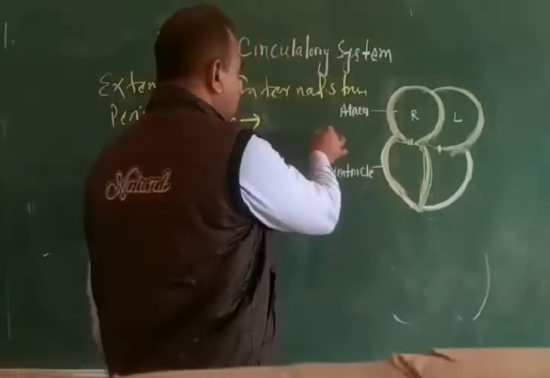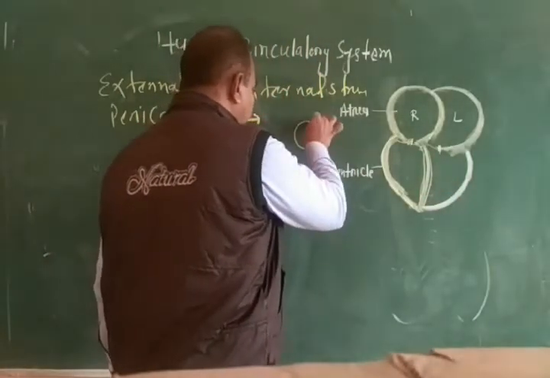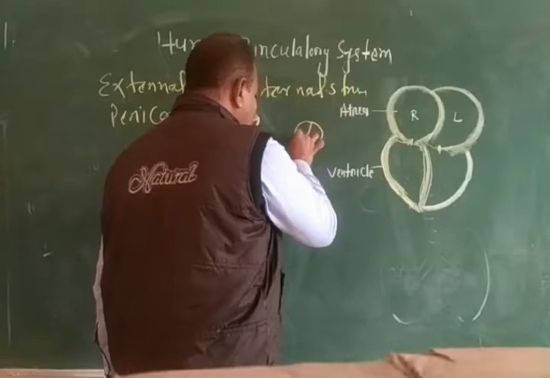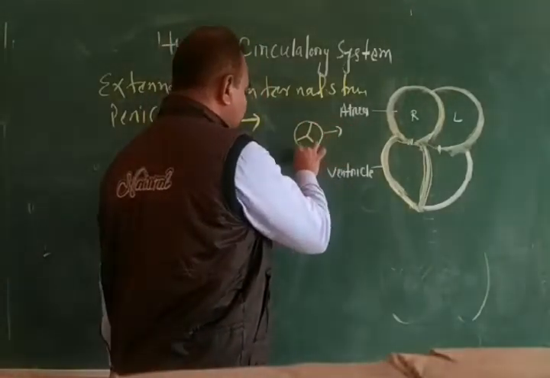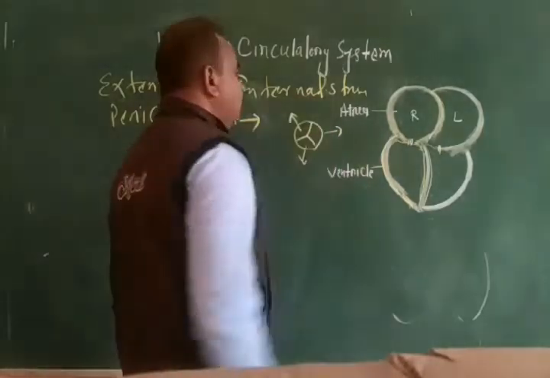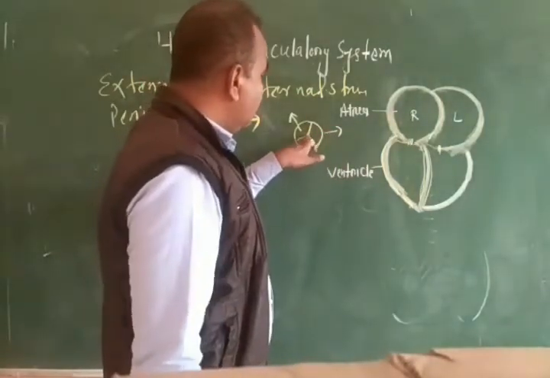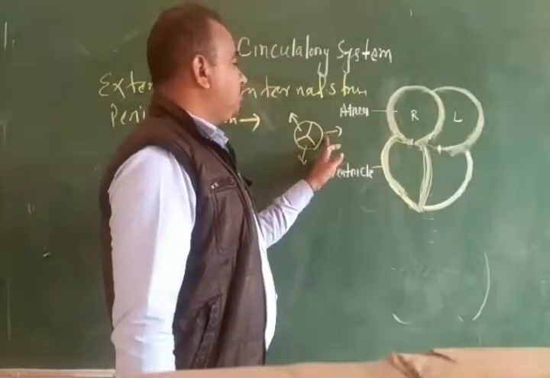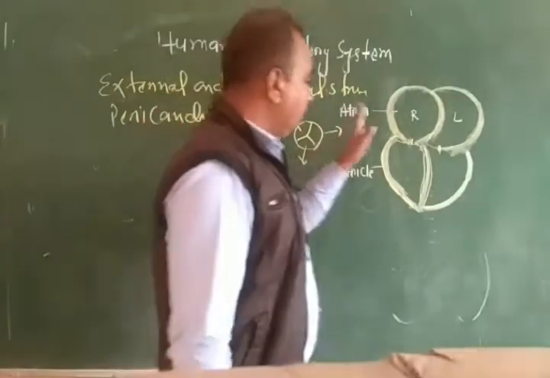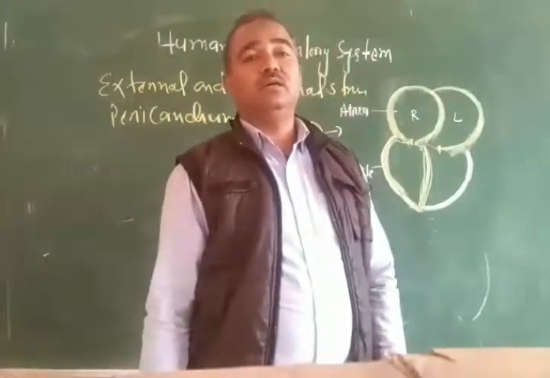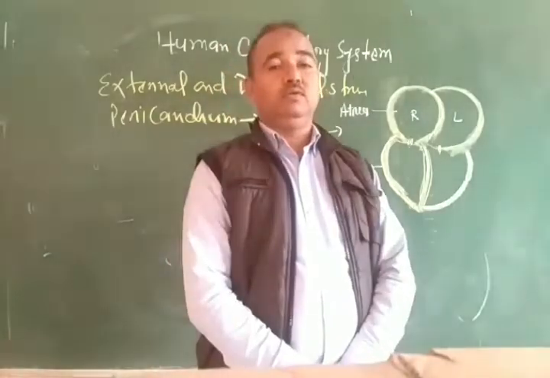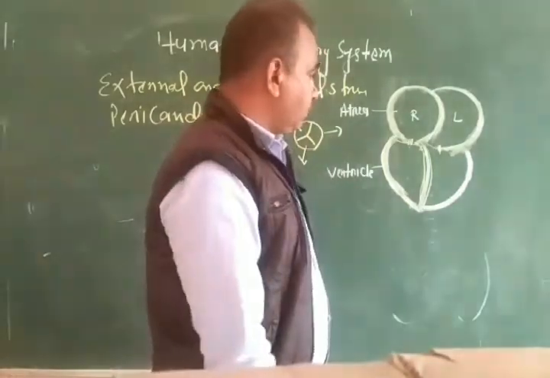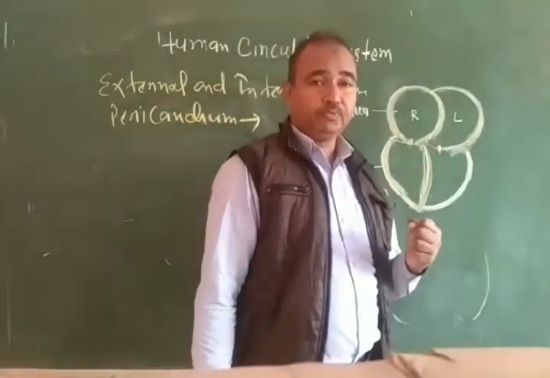Tricuspid means a valve which has three flaps. It can open here, here and here. So tricuspid valves are found on the right-hand side, and bicuspid valves are found on the left-hand side.